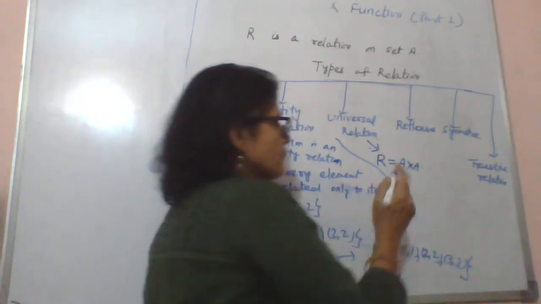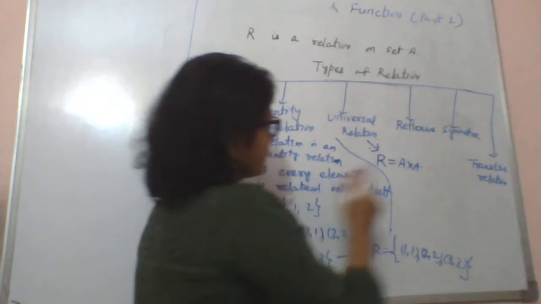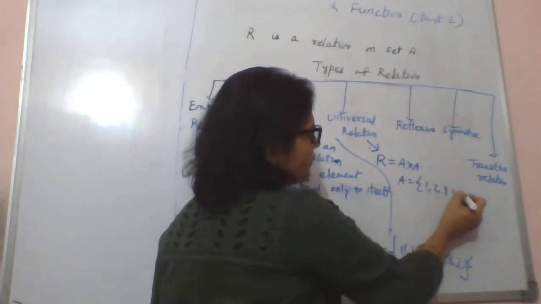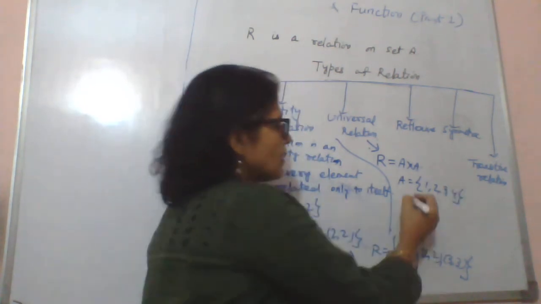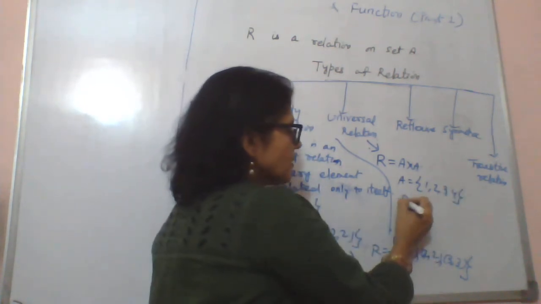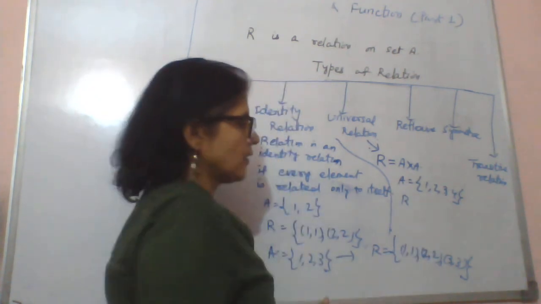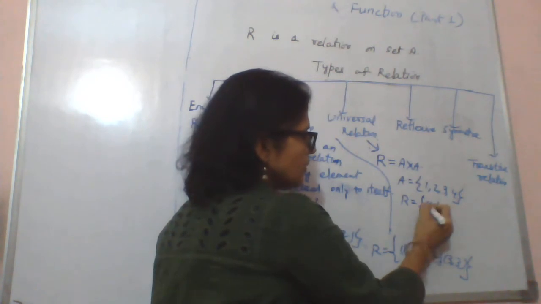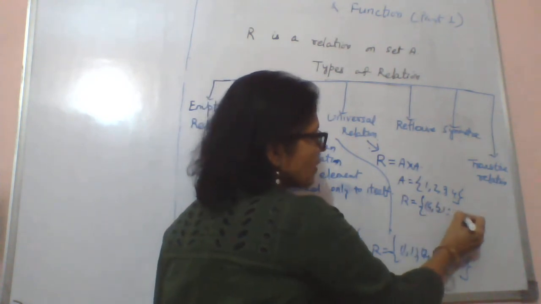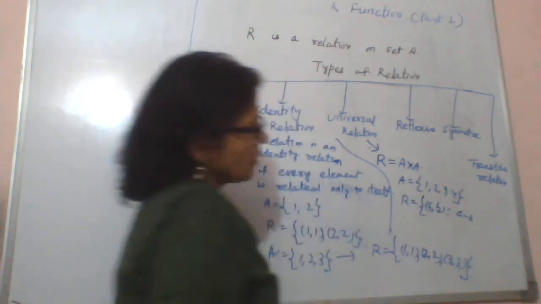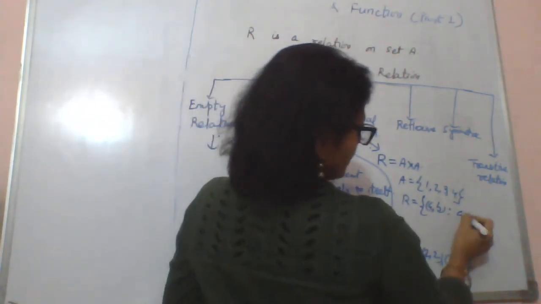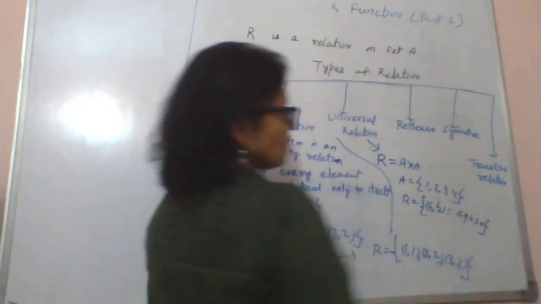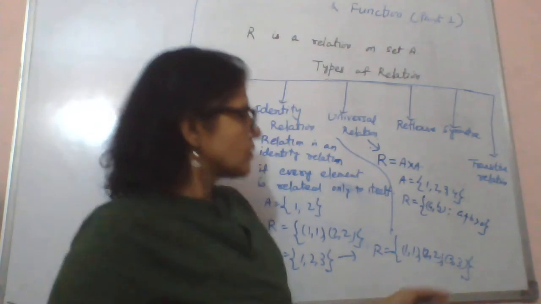It's like this. For example, I can take the set, suppose {1, 2, 3, 4}. If I define R as a relation on set A, so R equals (a, b) such that a plus b greater than 0.